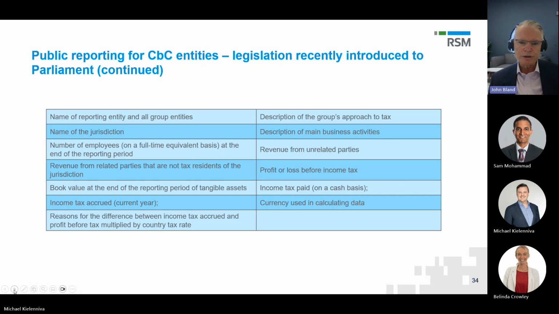That may be new for some taxpayers. This is again based on this Global Reporting Initiative 207.1, and I'll talk about that in a sec. The other one is down the bottom left, the reasons for a difference between income tax accrued and profit before tax multiplied by the country tax rate. An explanation needs to be provided for that, which could be quite complex depending on what's going on.